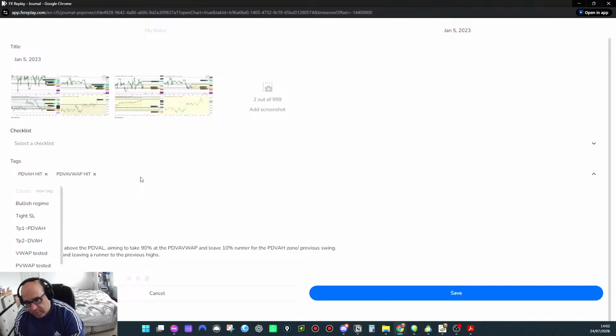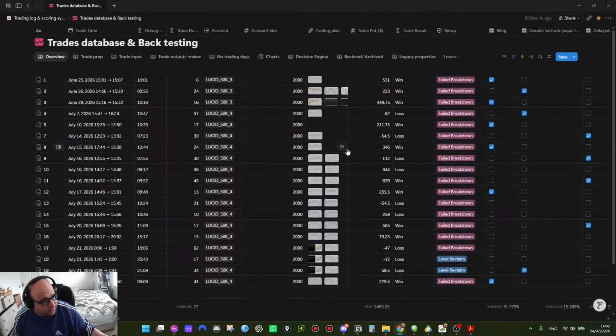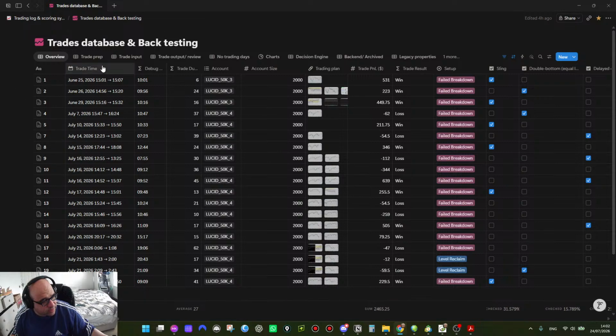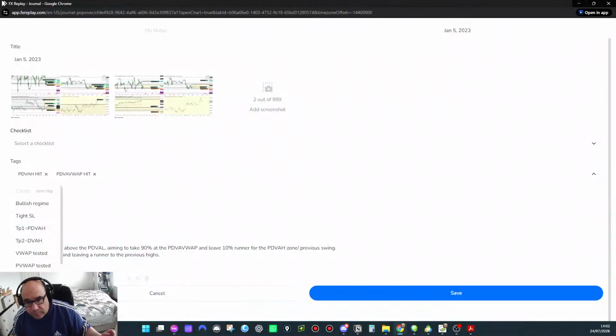And later I'm also gonna record these in my trading database, which I have right here. You can see a lot of these are live trades. I'm gonna add a section for backtest. Yes, I think we're good to continue now. Save.